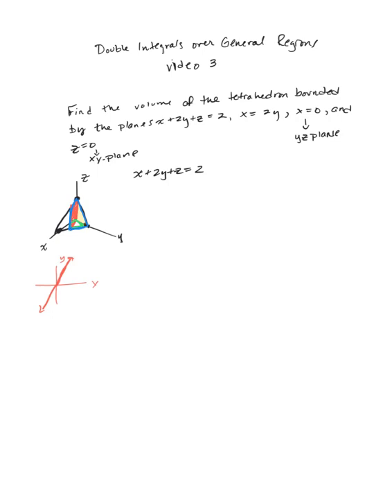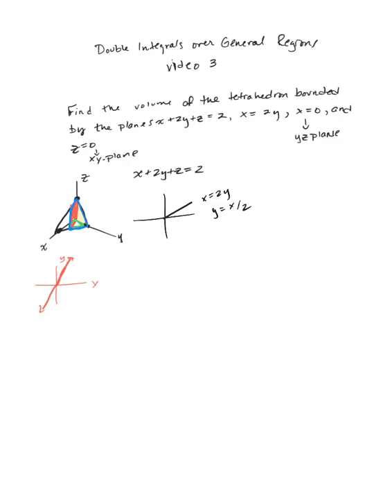All right, so let's look at this. We need to sketch D, what we're integrating over. So we have x equals 2y, which is the same as y equals x over 2. And then we have x plus 2y equals 2.